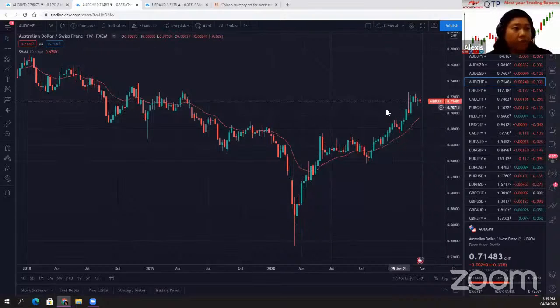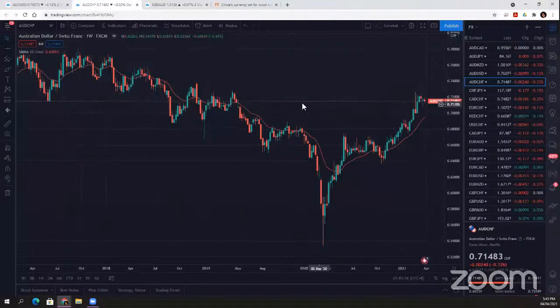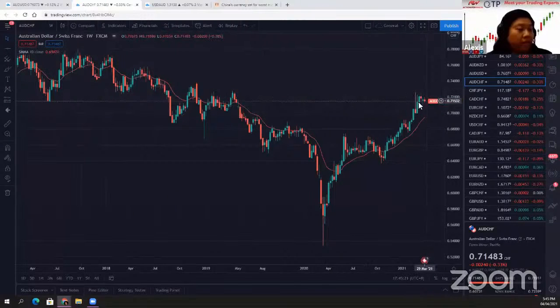So my eyes are on news that's coming out of China. Aussie Swiss again, very similarly, seems to be reaching an interesting level as well. Whether or not it will break again, I guess this is the dilemma. My dilemma over here is that last week I am actually short the Swiss, right? So I will have to relook at this again and weigh out whether or not the weakness of the renminbi is going to outweigh my weakness of the Swiss.